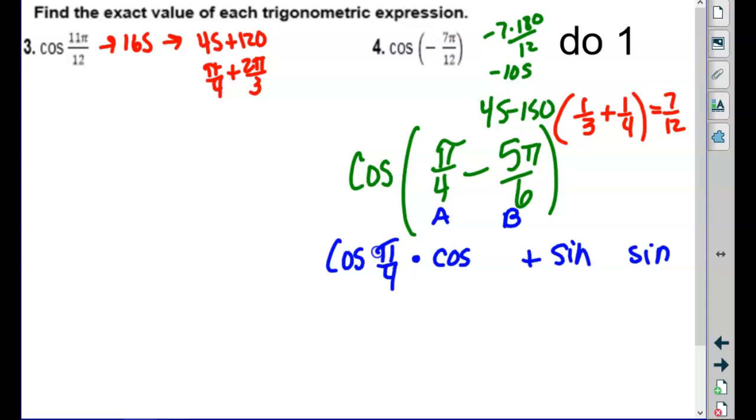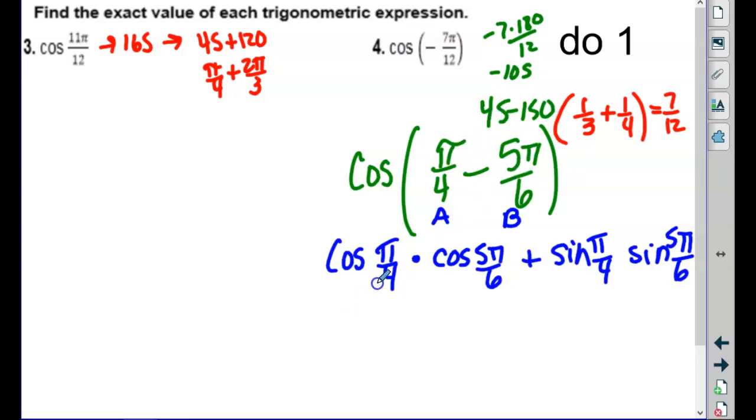Pi over 4 and 5 pi over 6. Okay, I use degrees because I can't think in radians how to get a 7 pi over 12, but it was negative 105 in degrees, so 45 minus 150 was one of the options. So then I went back and put in the radians for 45 and 150.